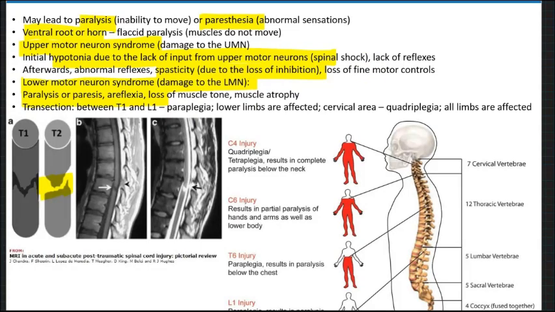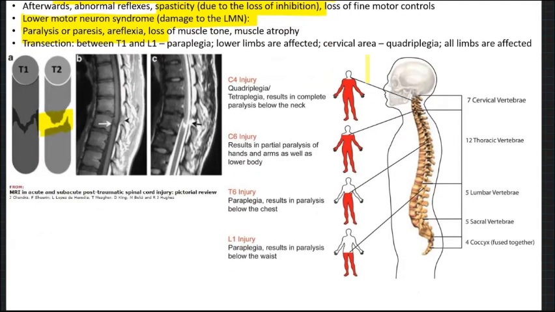Now, depending on the level, people who suffer from spinal cord injury are classified into quadriplegics or paraplegics. So quadriplegia is caused by a transection in the cervical region, upper thoracic to some extent.